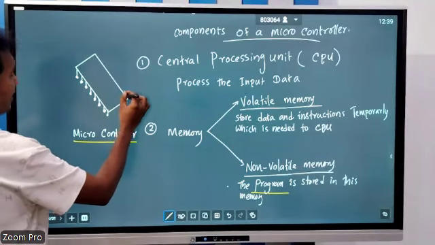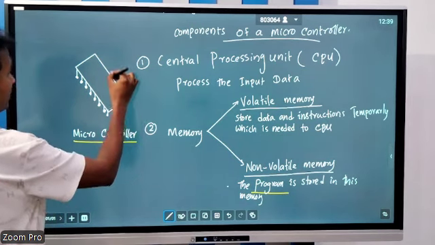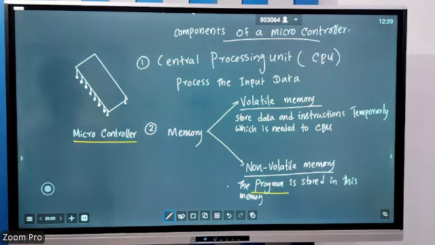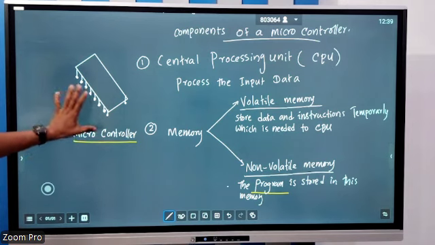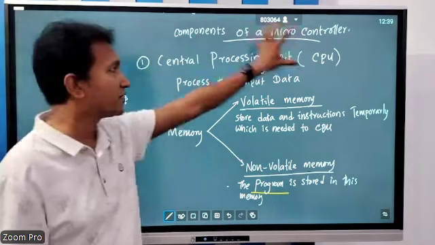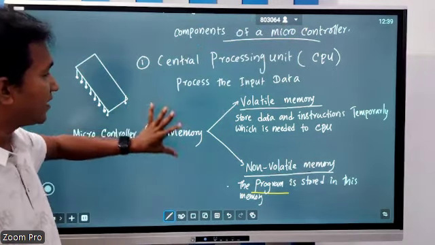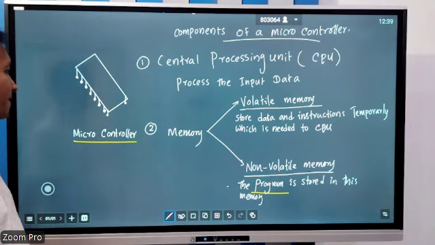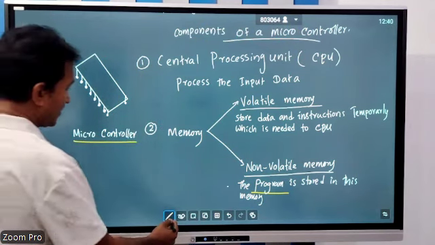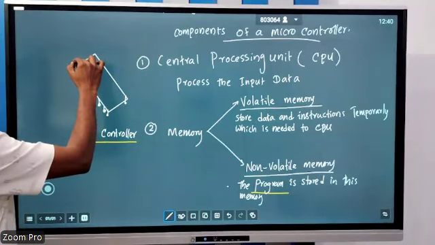There are pins on both sides. They are on this side; we cannot see the ones on the other side. Right? Components of a microcontroller. One is the central processing unit. Second one is memory. You can take this down now.